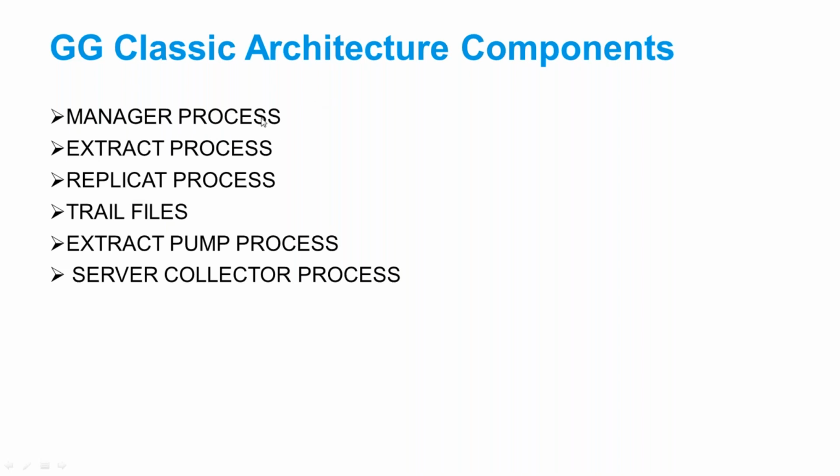Manager process is the super process in Golden Gate which manages all the resources. By default, manager comes with the installation. Server collector process is a background process which runs only on the target. When pump sends the data over TCP/IP network, collector process collects that data and writes it to remote trail. Okay.